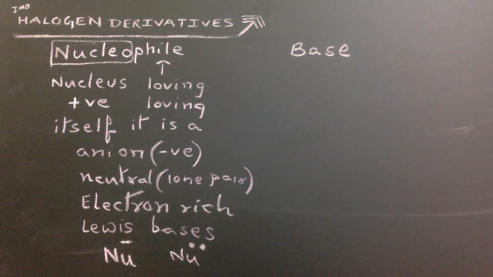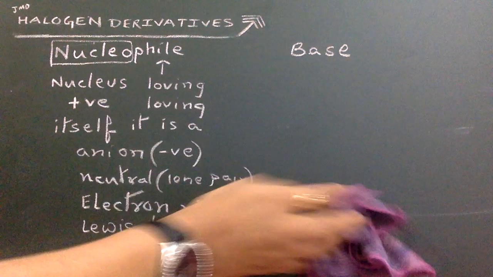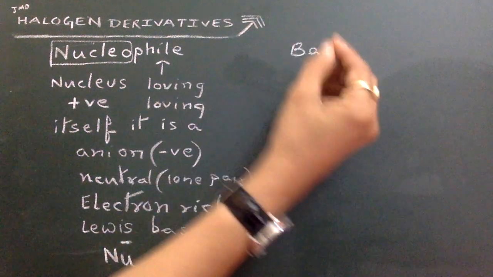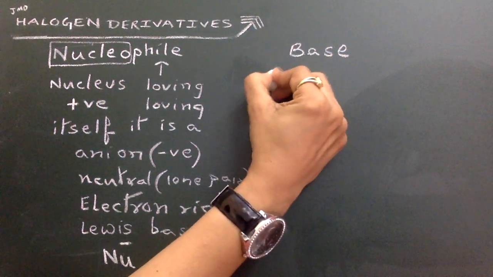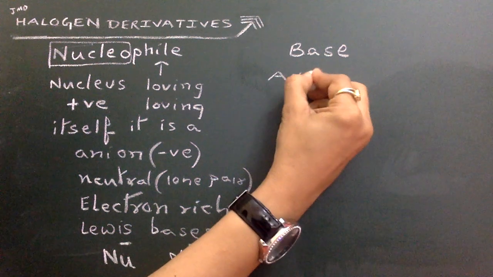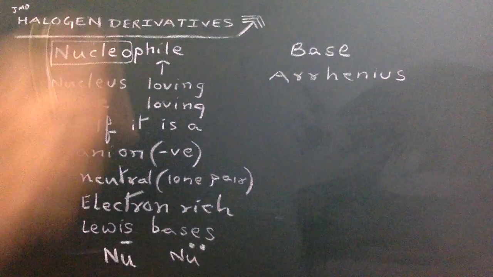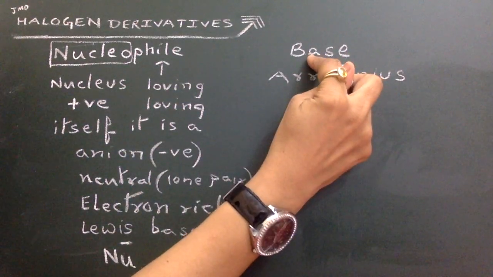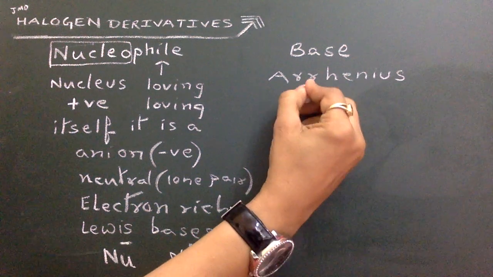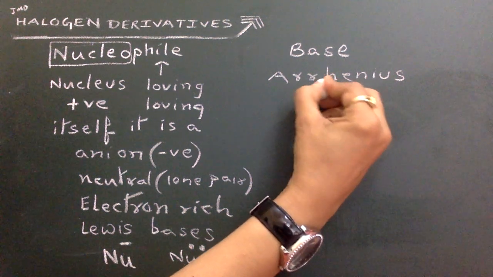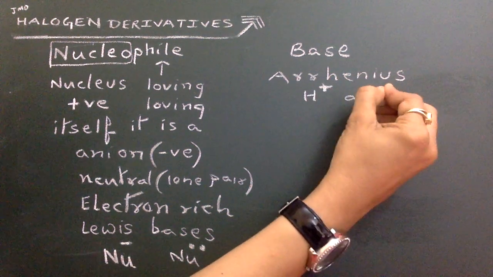As we have learned many times in the class, there are 3 theories to understand bases. I hope you remember, but still, let us just have a quick look at it. Students, there are 3 theories. One of the theories is the Arrhenius theory. According to this theory, base is a substance which accepts proton. So according to Arrhenius theory, base is a proton acceptor.